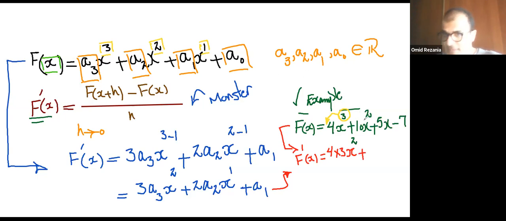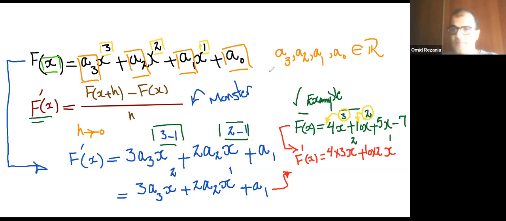I have the same thing with the exponent 2. I take 2, drop it next to the 10. It becomes 10 multiplied by 2 times x to the power what? I reduce the power by 1. You see, I have always reduced the power by 1. 3 minus 1, 2 minus 1. It becomes 2 minus 1, which is 1.